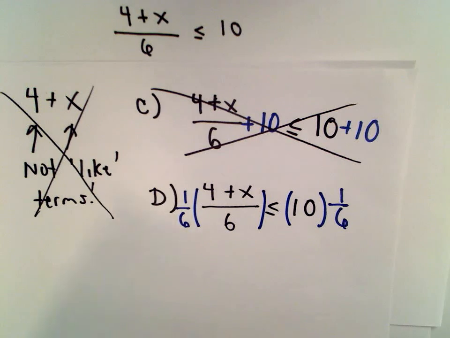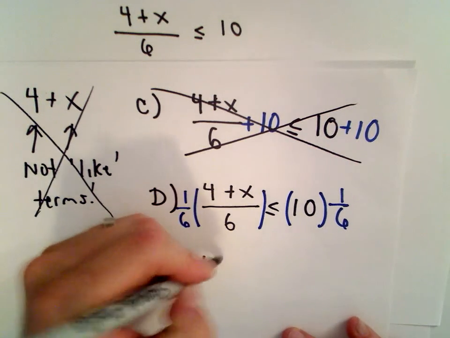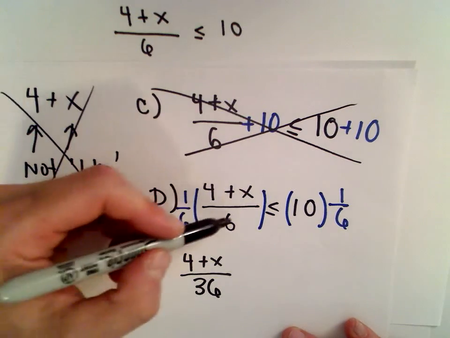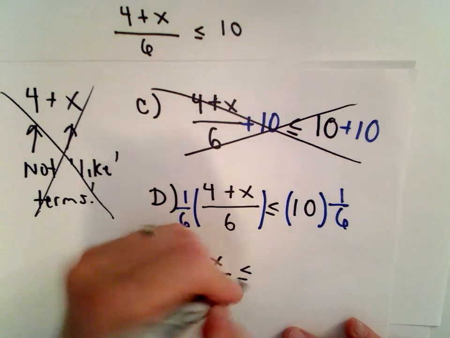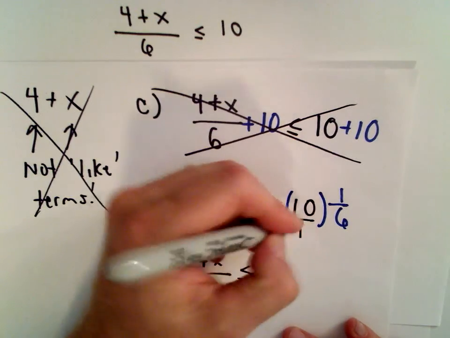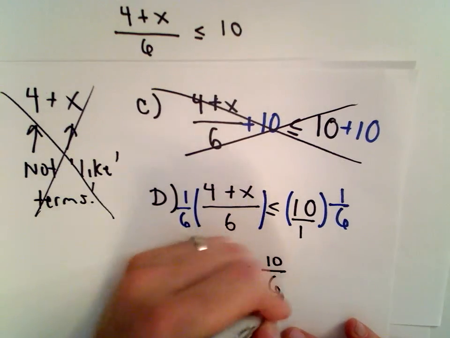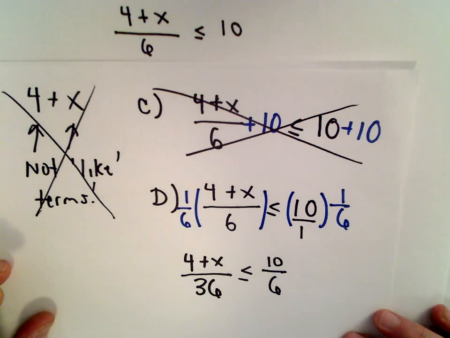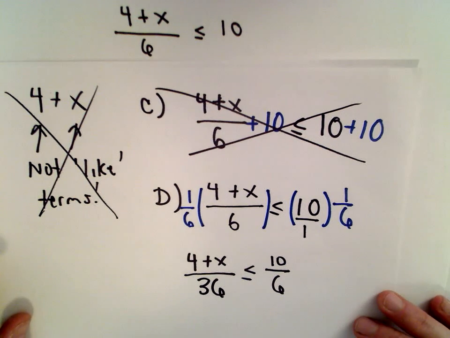On the left side, I would be left with 4 plus x over 36. Again, we just multiply across the top and across the bottom. 10, I could write that as 10 over 1. So to me, all I'm doing is really just making the numbers bigger. I don't see how this is helping me reduce the problem in any way.